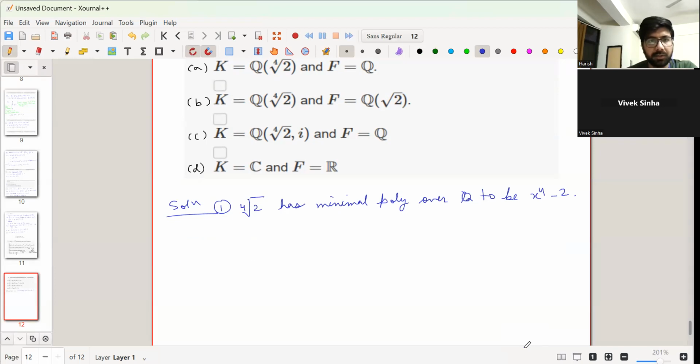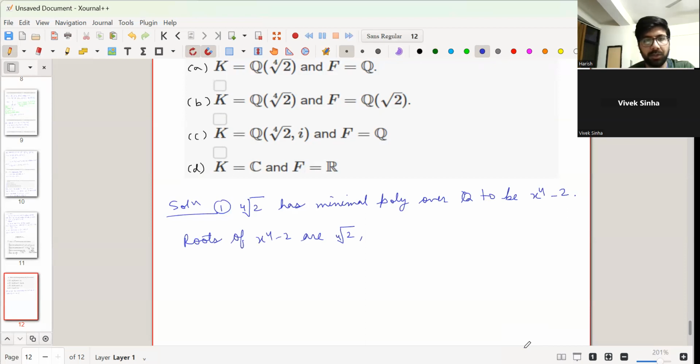So what are the roots of this polynomial? The roots of x^4 minus 2 are just the fourth roots of unity times the fourth root of 2.